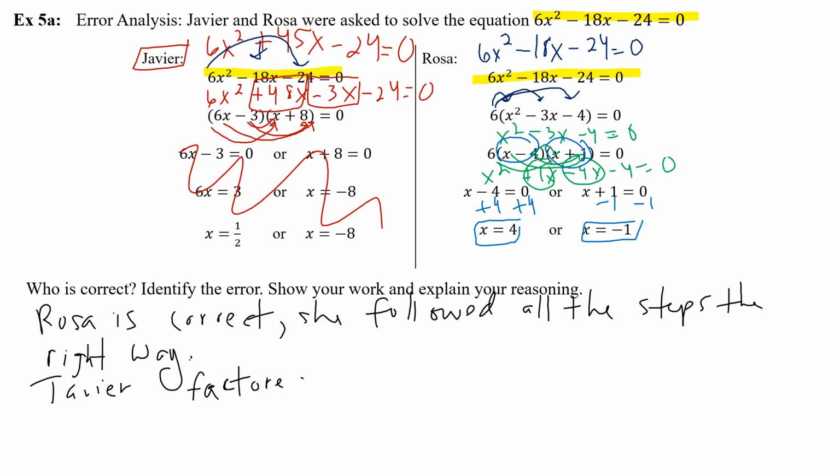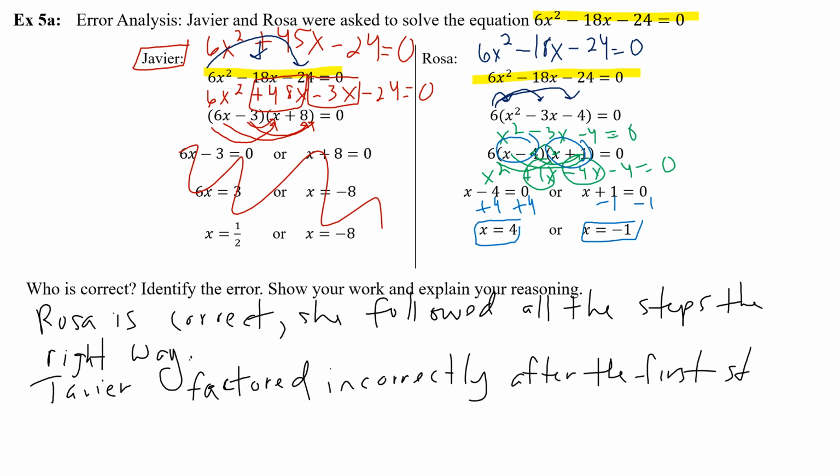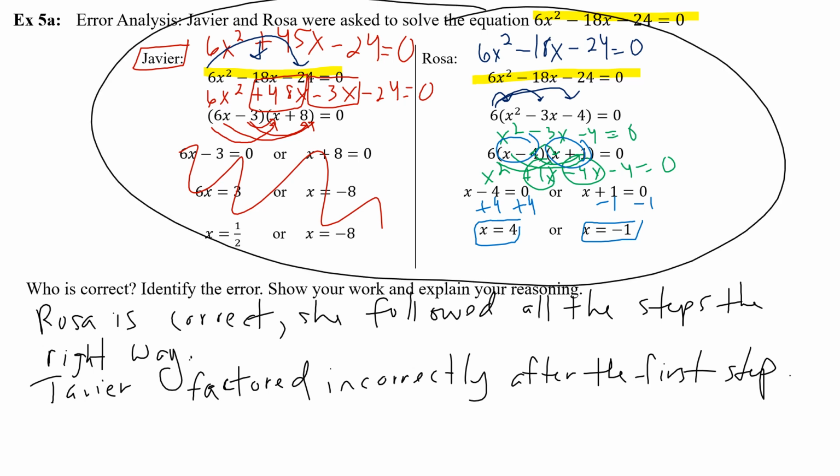Factored incorrectly after the first step. Again, I'll want more than just a sentence as a proof. I'll be looking at all this work right here to justify both of your statements.